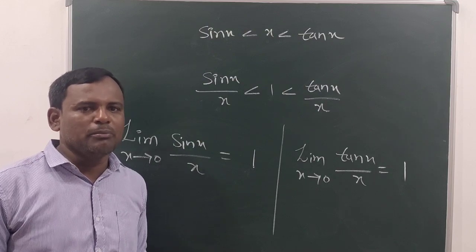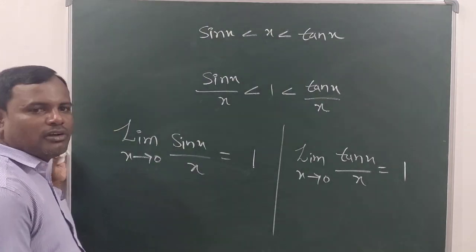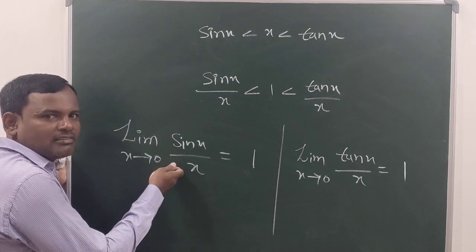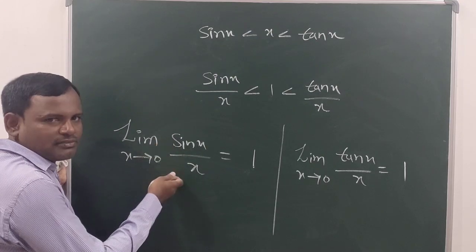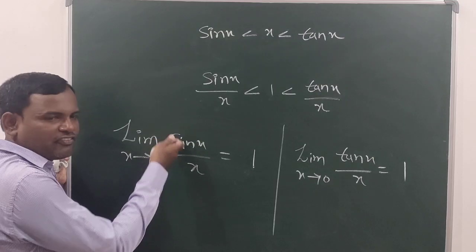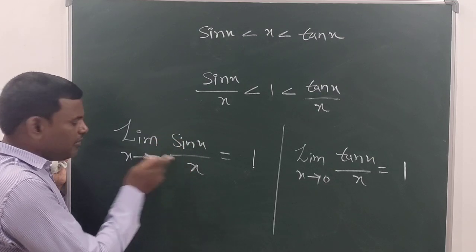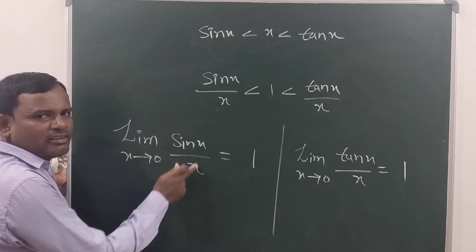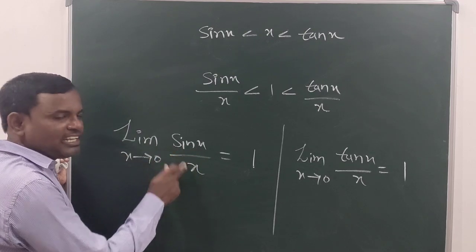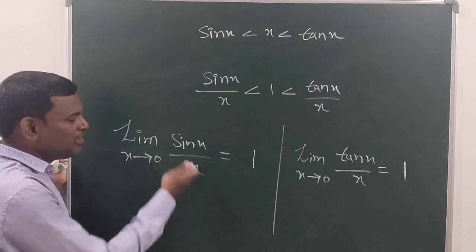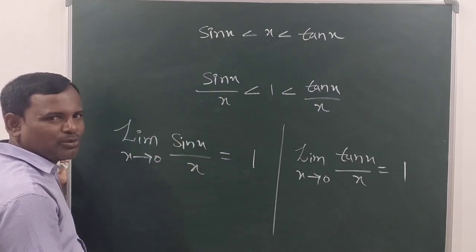But when you go to a competitive exam, here it is a rational function. In the numerator there is a trigonometric function, in the denominator an algebraic function. When you put x directly 0 here, 0 by 0, it is an indeterminate form. In such a case, we follow the L'Hospital rule.